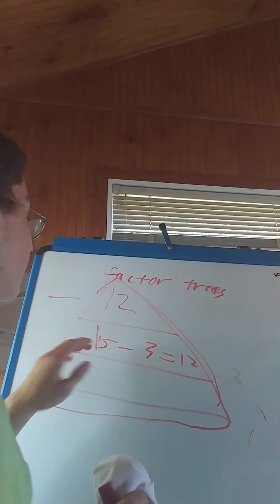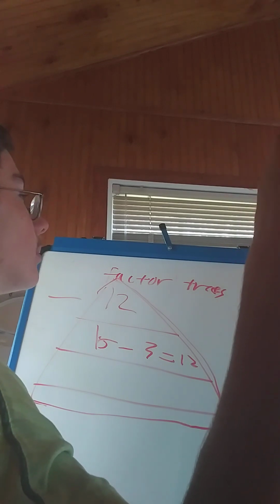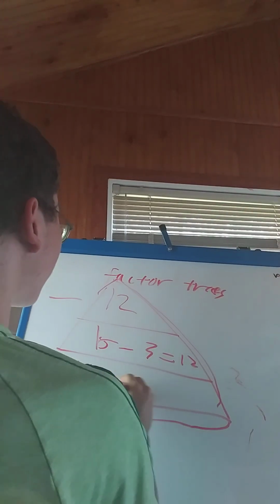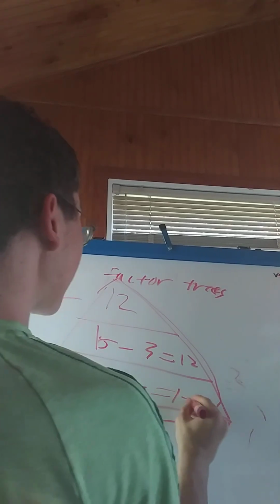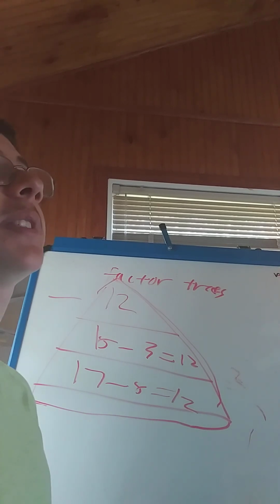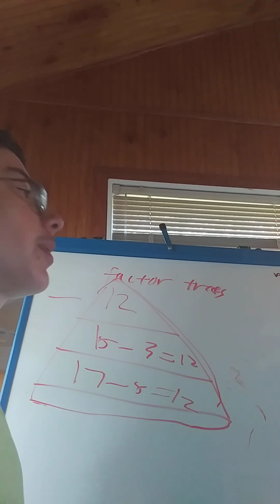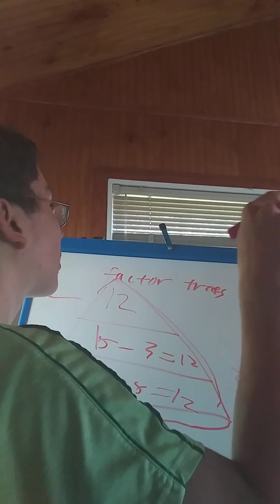Okay. Who has any others? 17 minus 5. 16, 15, 14, 13, 12. Okay. Very, very good. Anyone else? 20 minus 8, 20, 19, 18, 17, 16, 15, 14, 13, 12.